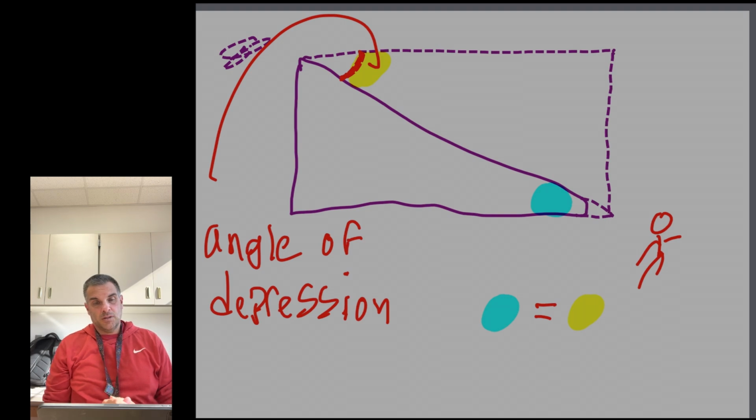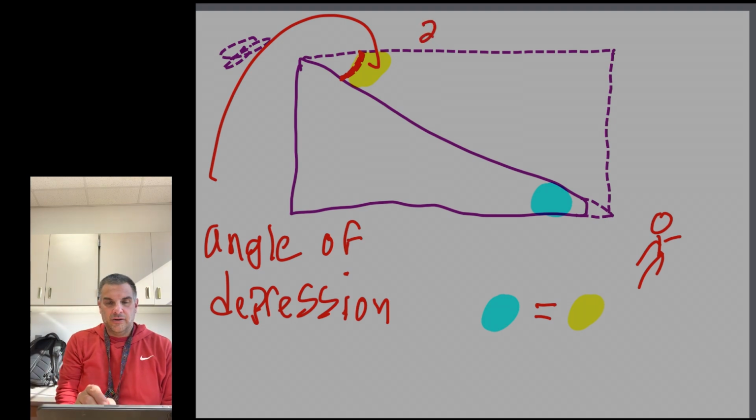Okay? So let's say that we've got this plane here sitting, and how we're going to use the angle of depression. Say we've got this plane sitting down there, and let's say that this plane is going to land on me, and it's 230 miles from me right now.